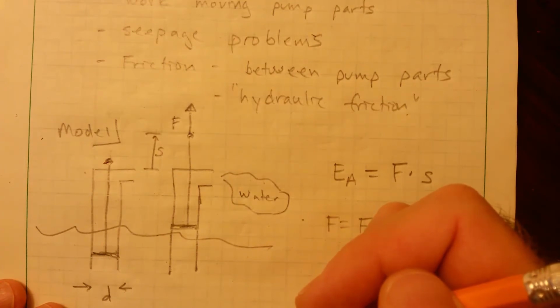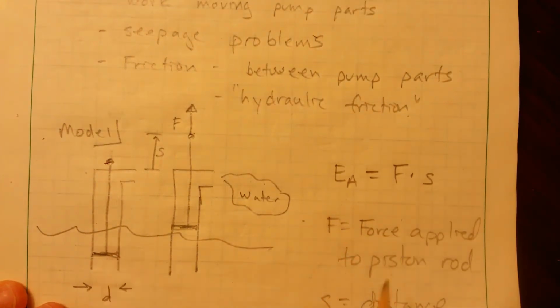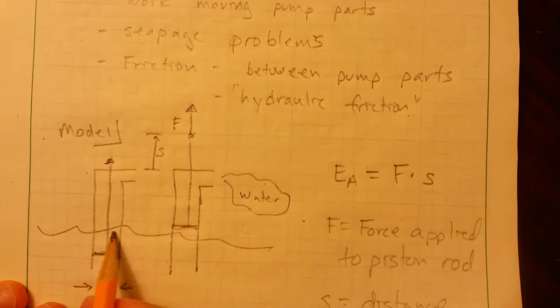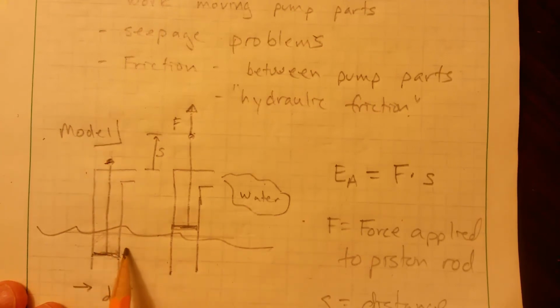Well, one of the things to know is that the water below the surface of the water in the bucket doesn't take any work to lift. It doesn't take any, because it's floating in water. It's what we call neutrally buoyant.